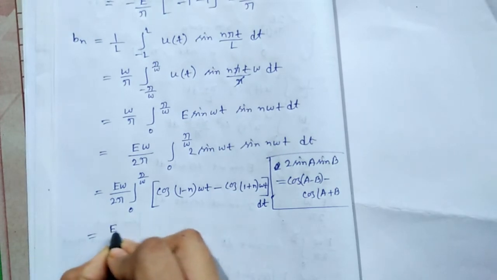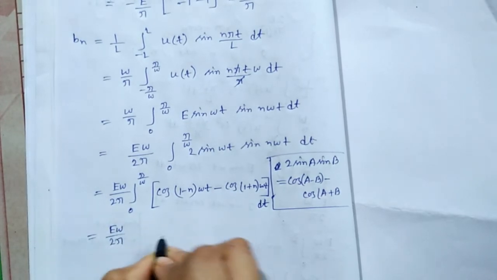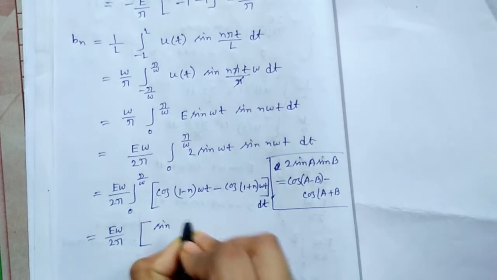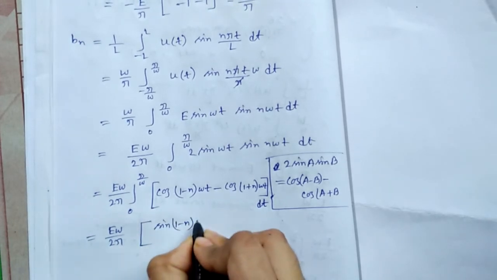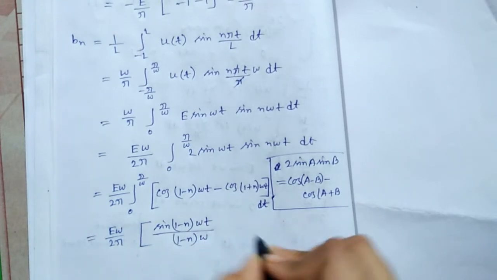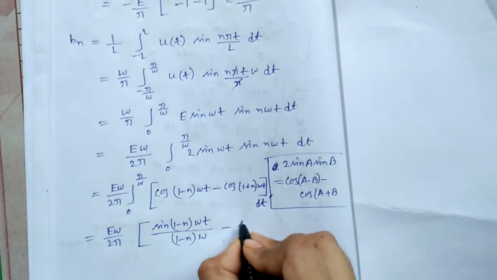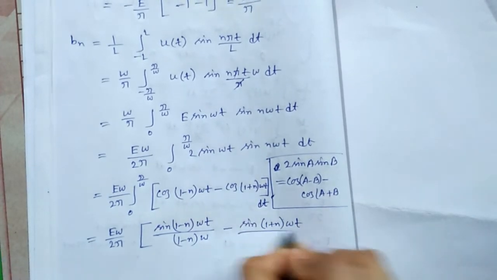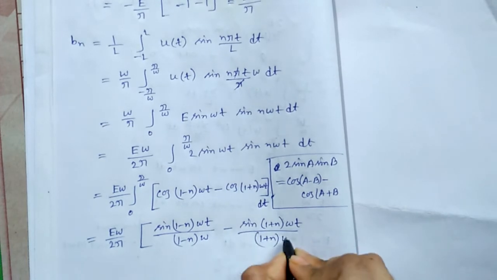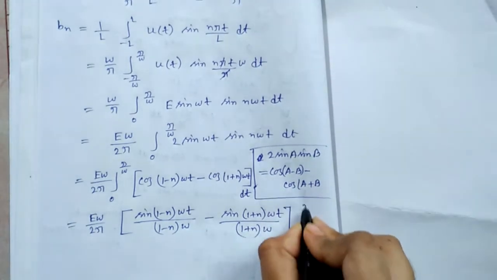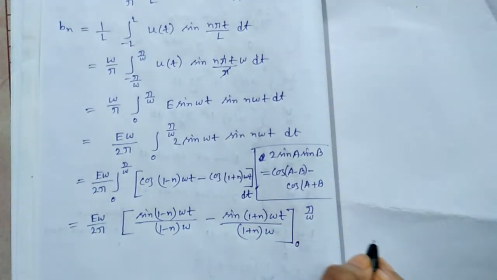Next we get e omega by 2 pi, sin((1 minus n) omega t) by (1 minus n) omega minus sin((1 plus n) omega t) by (1 plus n) omega, from 0 to pi by omega.